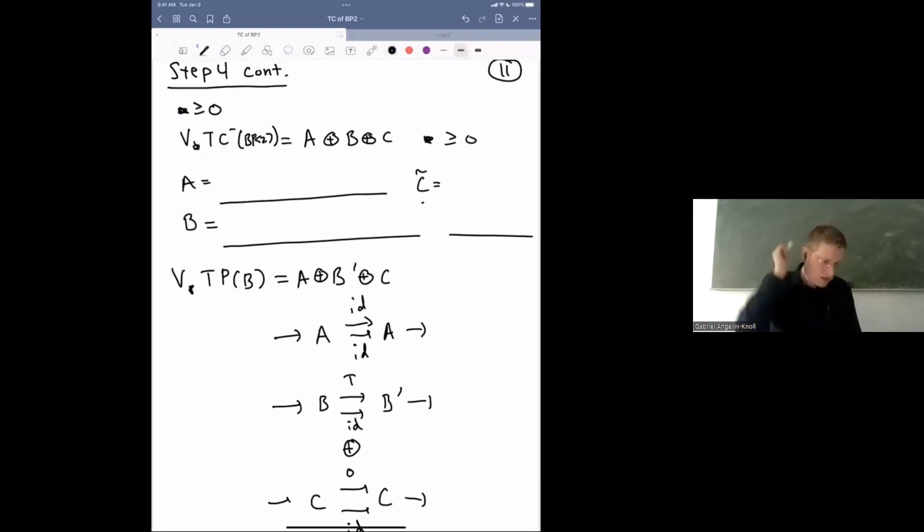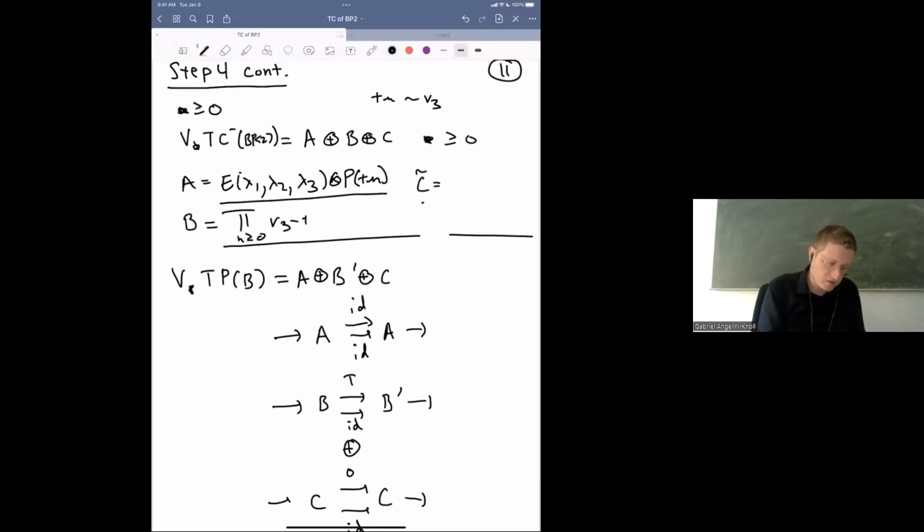Okay. So the A part is exterior on lambda 1, lambda 2, lambda 3, tensor polynomial on T mu, and T mu is going to correspond to B3. And the B part, I'm not going to say exactly what it is, but it's some infinite product of V3 torsion modules.